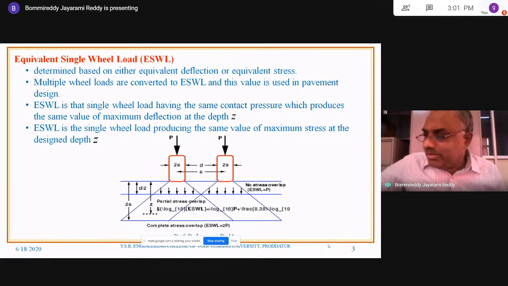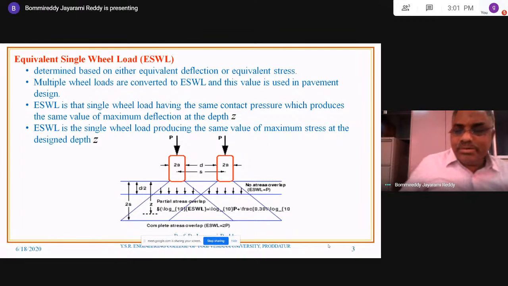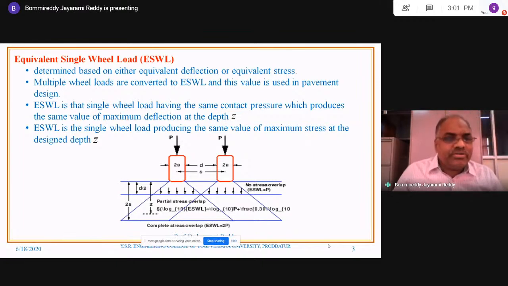Let us have a little bit more attention towards equivalent single wheel load. Already in the last class we have discussed this thoroughly, but let us see an overall view of some of the different parts of the concepts. So, equivalent single wheel load.